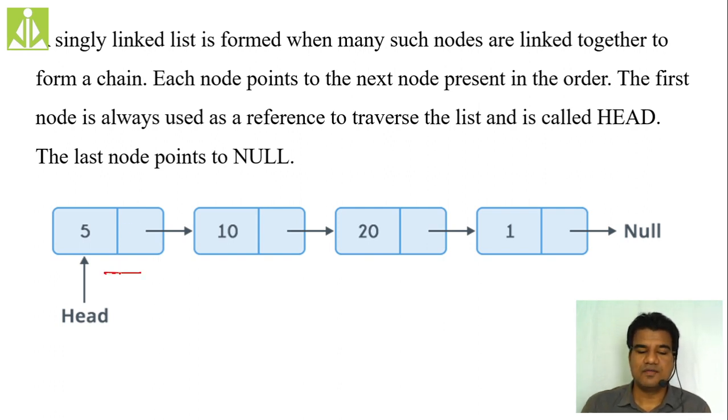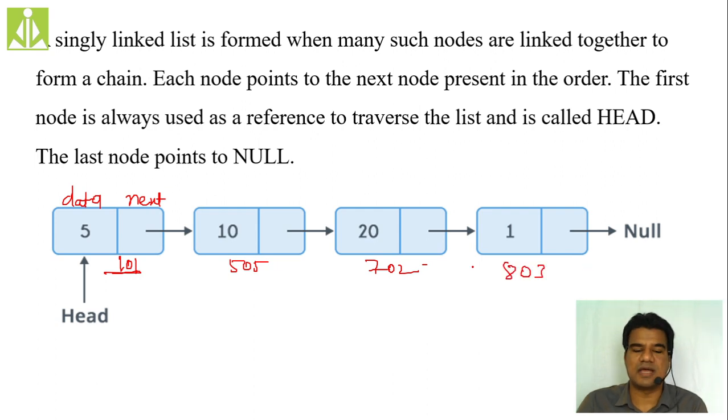The first node's data part is holding the data 5, and the first node's next part is holding the address of this second node, isn't it? Let us say the first node's address is 101, some 505, some 702. Because they are not contiguous, I'm taking some random addresses.